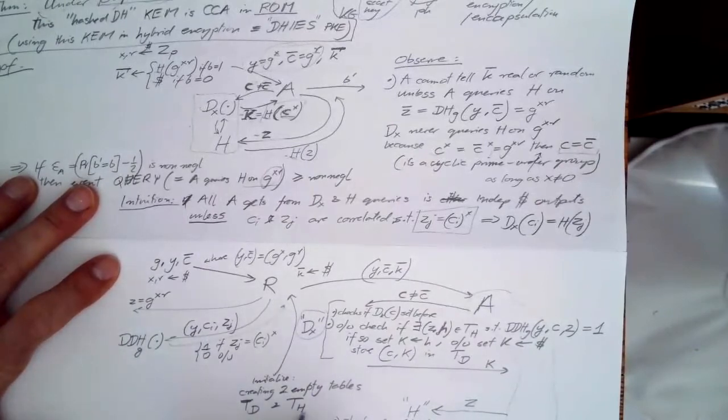If it was not, then again, to keep consistency, check if there exists a C, K entry in the decryption table such that we check for the same relation.